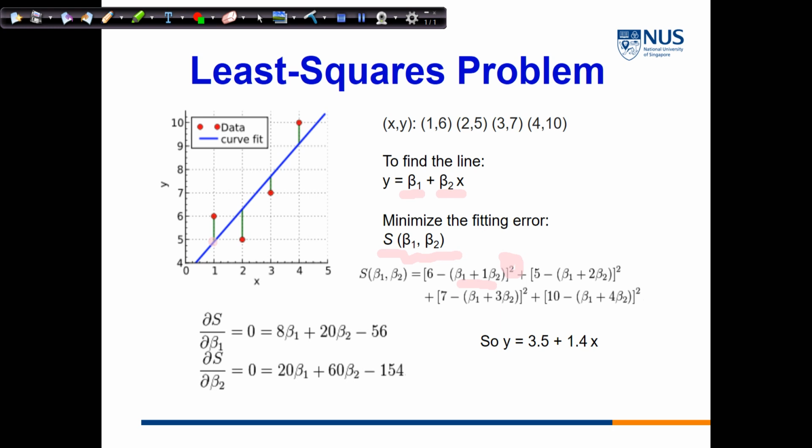You want to minimize all those errors in both directions. Therefore, this square term can be used to make it always a positive value, and then you minimize the summation of the squares. To make it positive, you can also directly use the absolute value, right? So it's also sometimes called absolute error.